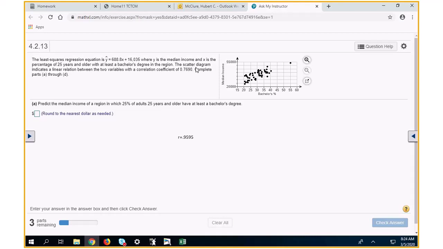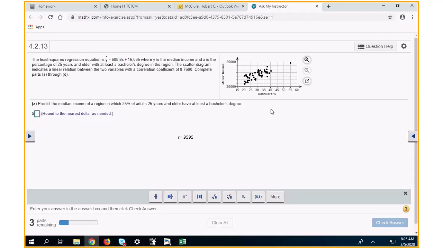I think we've done this before, but plug in 25. Don't plug in 0.25. That's what I did the other day. Plug in 25 into that equation. Somebody give me the answer. Round to the nearest dollar. So 25 times 688.8 plus 16,035, and give me a round dollar.